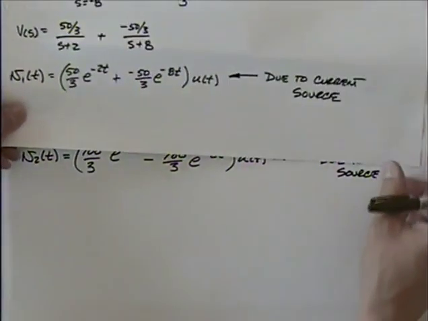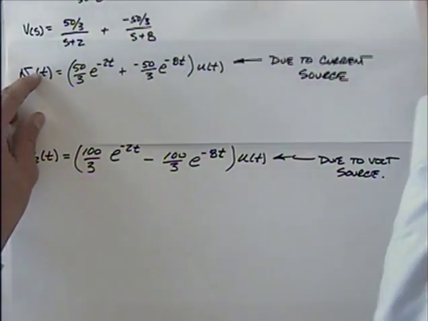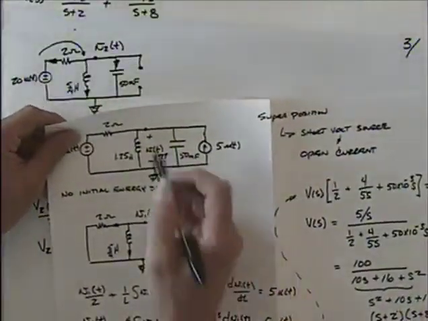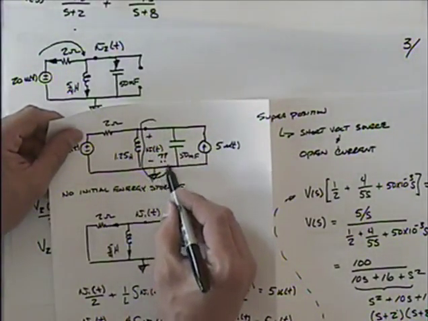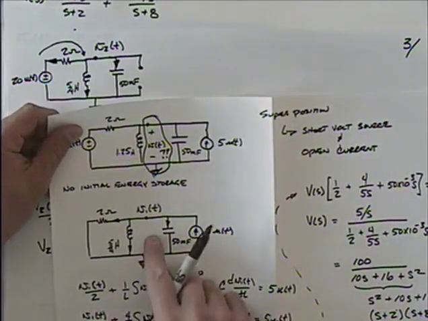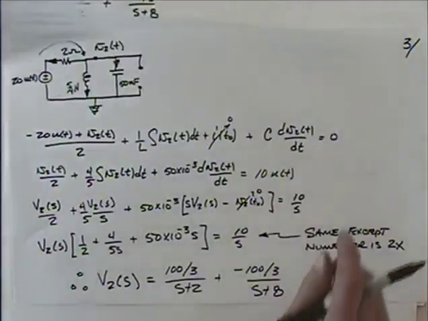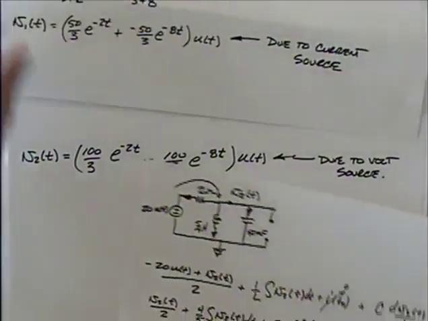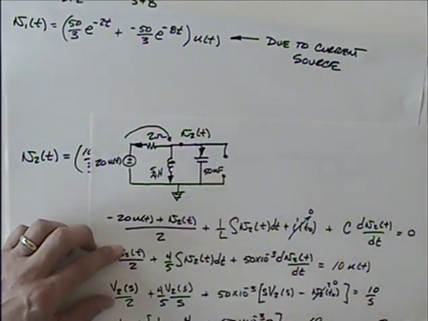Because if I'm looking for this voltage right here, across there, I'm going to add the two voltages together, the contribution of the current source and the contribution of the voltage source.